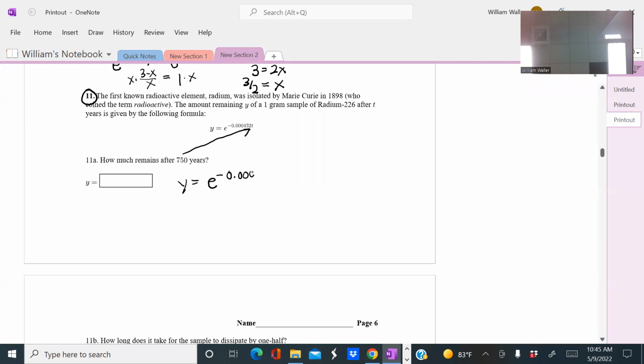A little bit complicated because the exponent in this exponential function is so small, but other than that, it's just a matter of using your calculator. So just substitute the 750, multiply it by that small coefficient there, and see what you get. That coefficient is called the decay rate, by the way, of the radium.